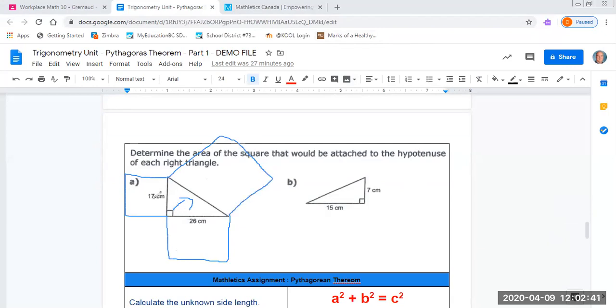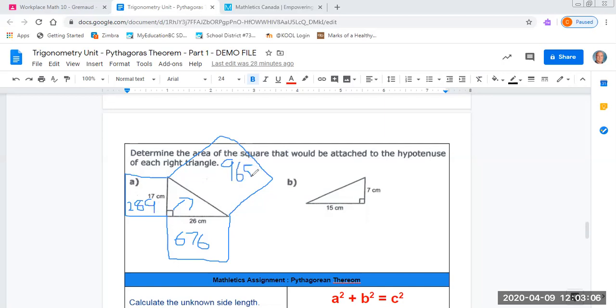So 17 times 17, if we were to plug that into our calculator, is going to be 289. And likewise, if I plug into the calculator 26 times 26, this is going to be 676. So if I then added these two together, 289 and 676, then the area of this square would be the sum of those two, which is 965.